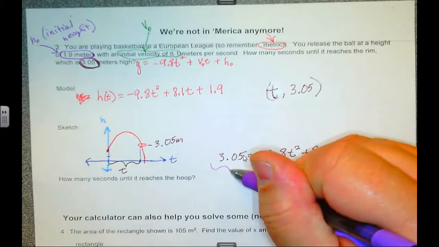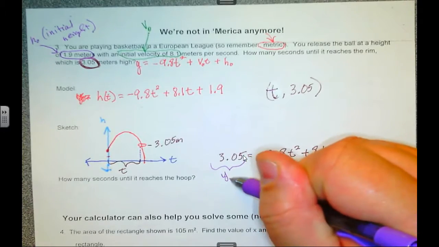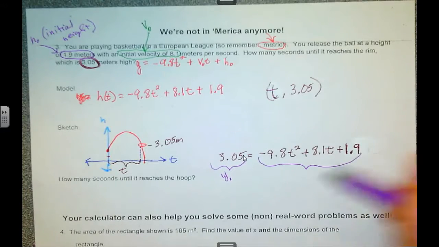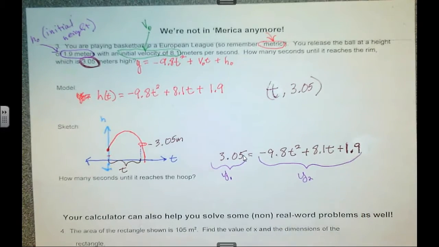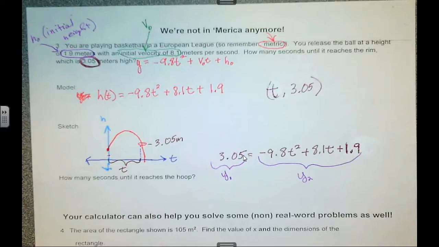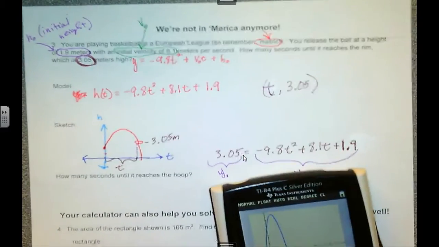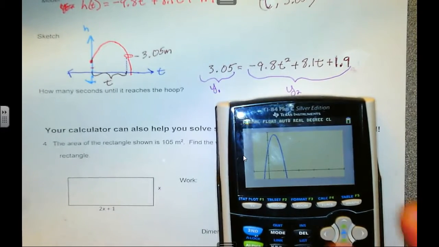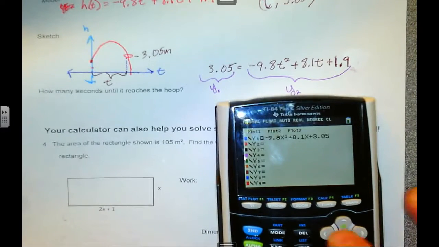So what we're going to do is do this in our calculators. We're going to put this in our y1, and we're going to put this in y2, and we're going to see where they intersect. I've already got, oh, looks like I screwed this up again.